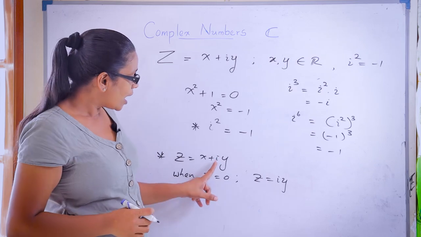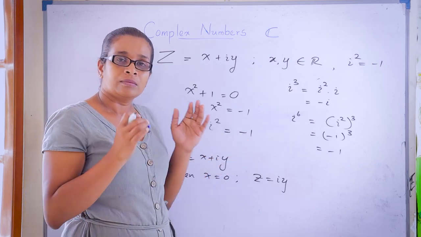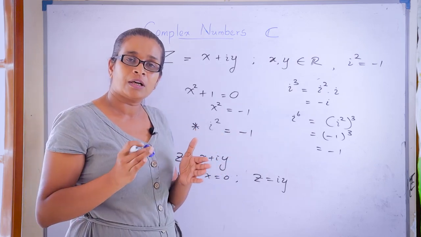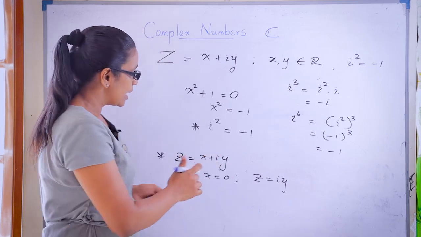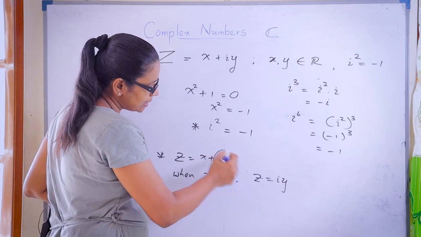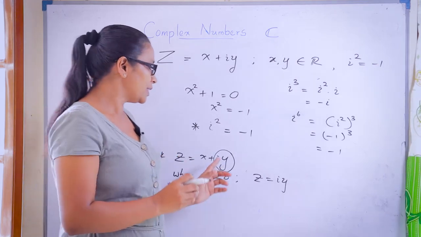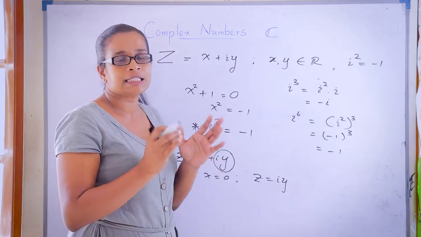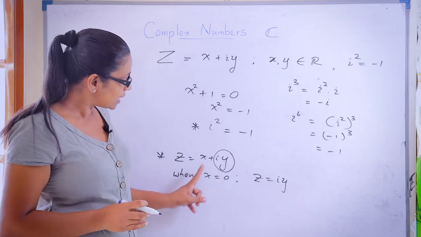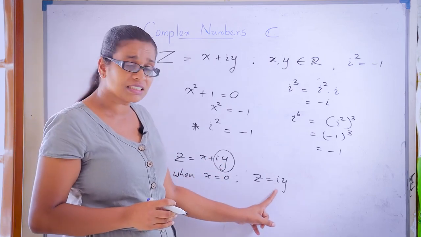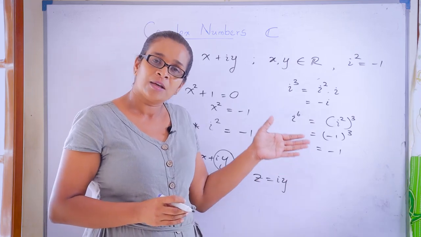Look here, I have an imaginary value. We call this non-real, that means imaginary. In a complex number, this iy, the value with i, is known as the imaginary part of the complex number. So when x equals 0, Z becomes only an imaginary value.